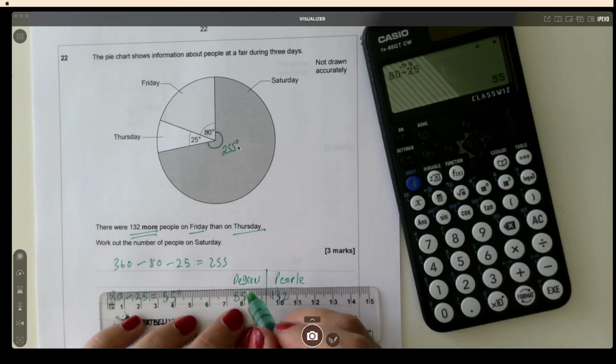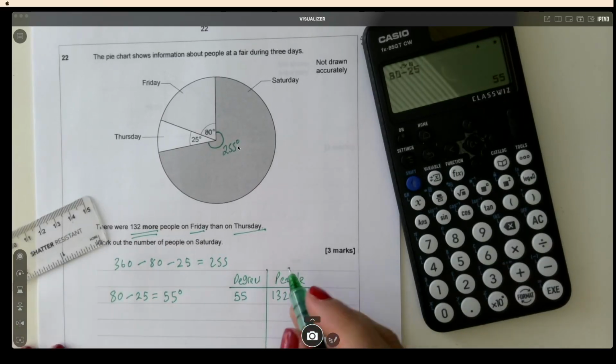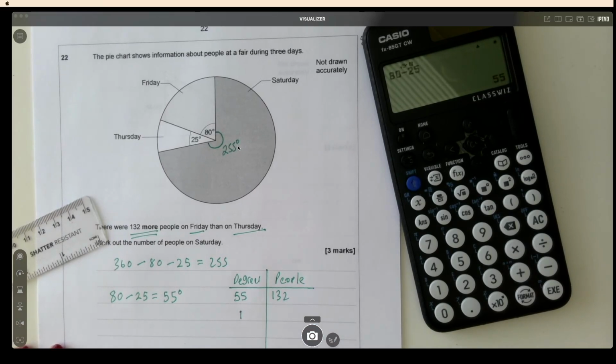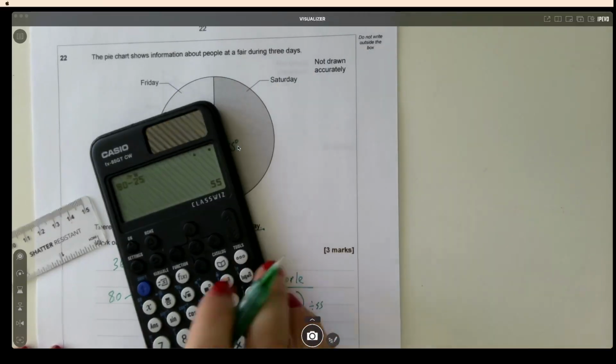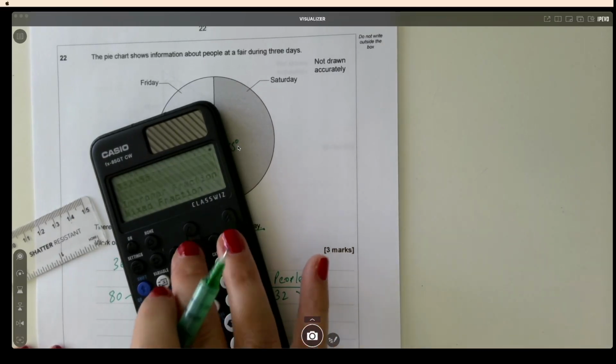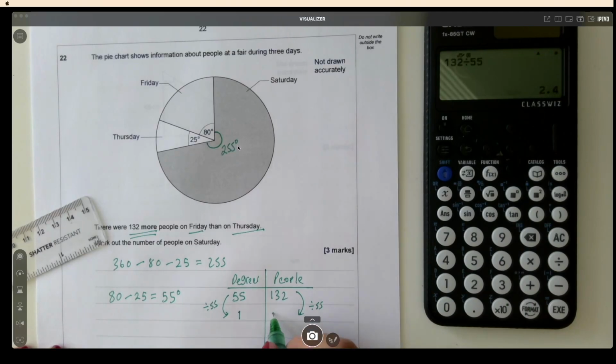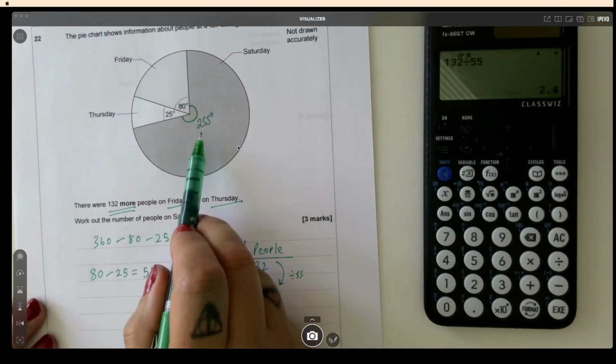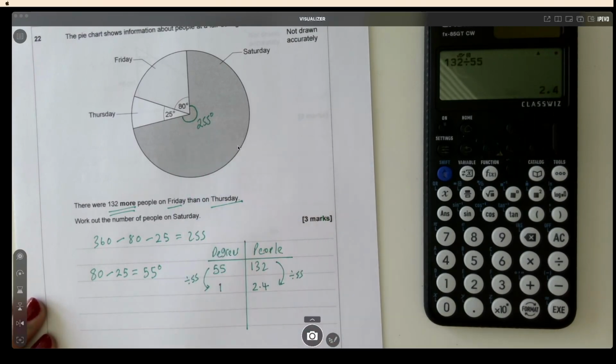So now we're going to find out how much 1 degree is worth. So to go from 55 to 1, we're going to divide by 55. So if we divide this side by 55, 132 divided by 55 equals 2.4. So 1 degree is worth 2.4 people. We worked out that Saturday was worth 255 degrees.